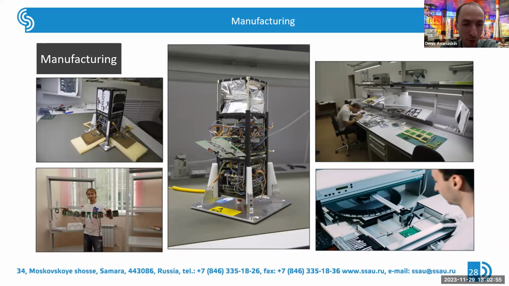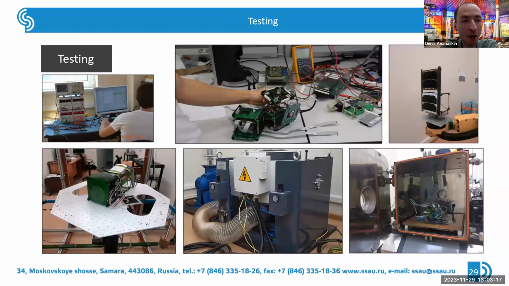More about the satellites that we have made I'll tell you a little bit later. Students, when they graduate, have to know how people produce all the onboard subsystems, and that's why we teach the manufacturing of spacecraft.